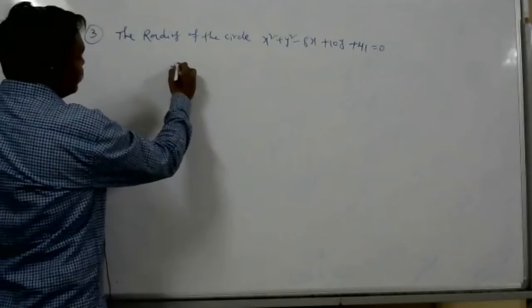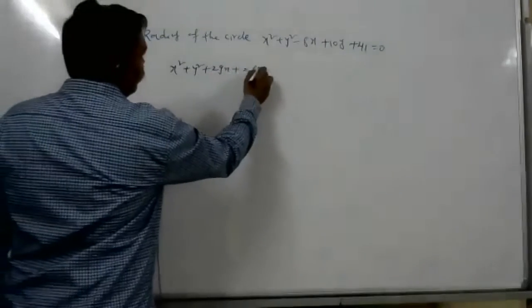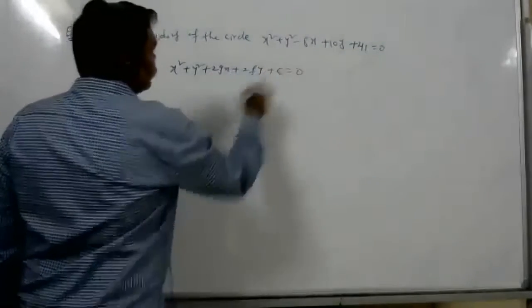Standard equation: x square plus y square plus 2gx plus 2fy plus c is equal to 0.